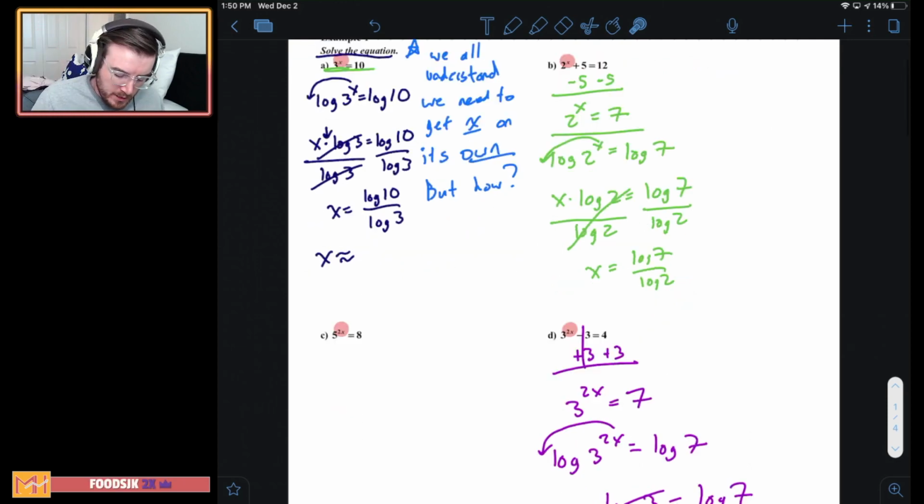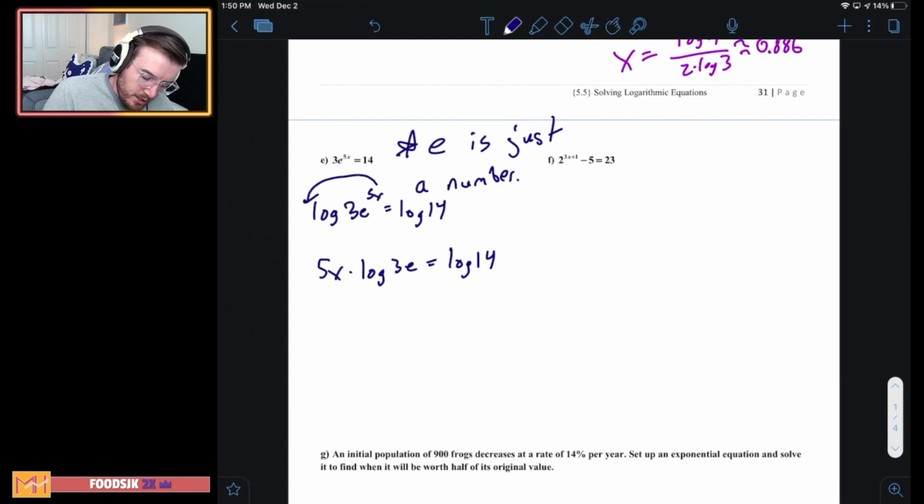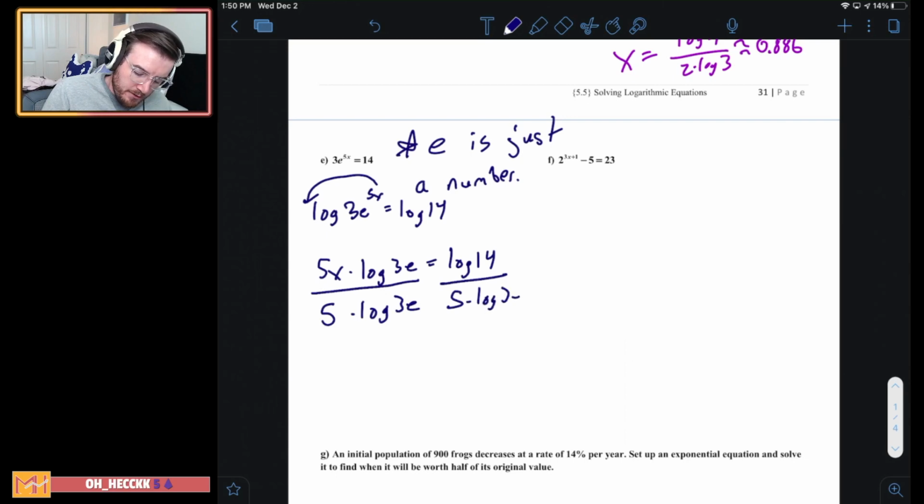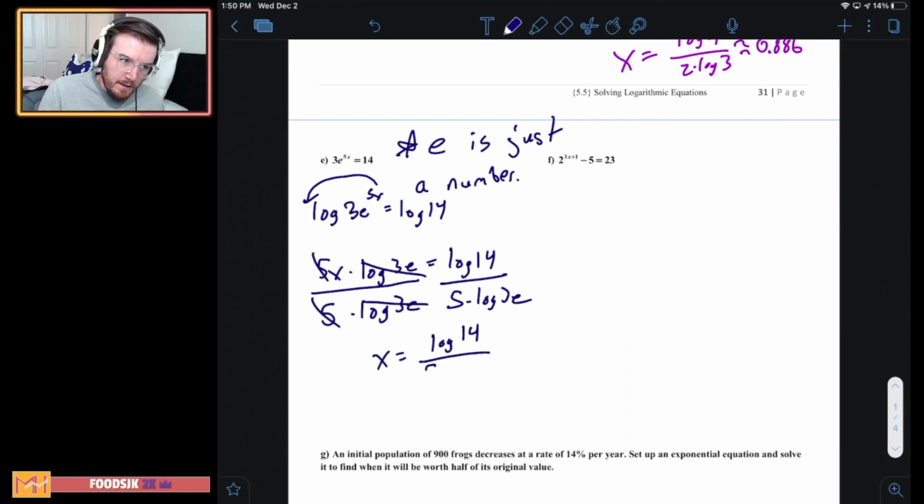It's trapped. So to get x on its own, divide by 5 and log of 3e. Whatever you do to one side, you do to the other. Cancels, cancels, x equals log of 14 divided by 5 times log of 3e.